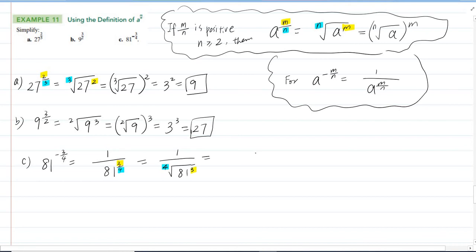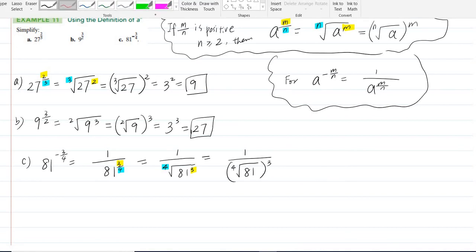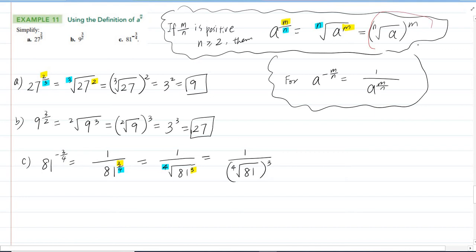So I can write this as the 4th root of 81, and then I put a parenthesis here, then I'm going to put a 3 outside. That is what I'm doing right there, right? So all I'm doing is this portion. Now I'm going to simplify it.